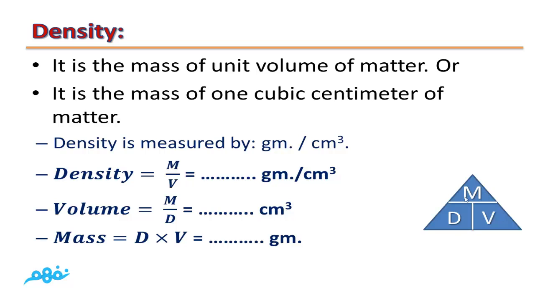For mass, mass equals density times volume, and the unit will be gram. For density, we will use the small units, gram for mass and cubic centimeter for volume, so the measuring unit for density will be gram per cubic centimeter.